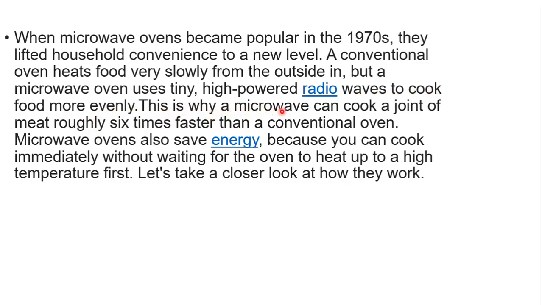This is why a microwave can cook a joint of meat roughly 6 times faster than a conventional oven. Microwave ovens also save energy because you can cook immediately without waiting for the oven to heat up to a high temperature first. Let's take a closer look at how they work.